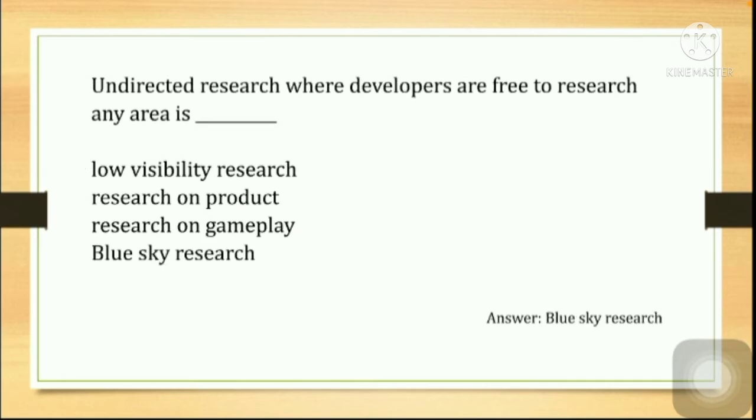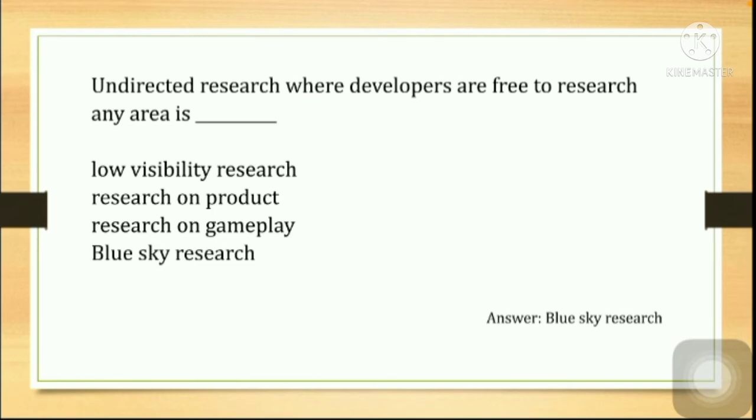Undirected research, where developers are free to research any area. Low visibility research is the first option, but it is only given for confusing. There is no such kind of option. Now going to the second, research on product. It can't be undirected. If you're researching any product, it has to be some kind of directed type.